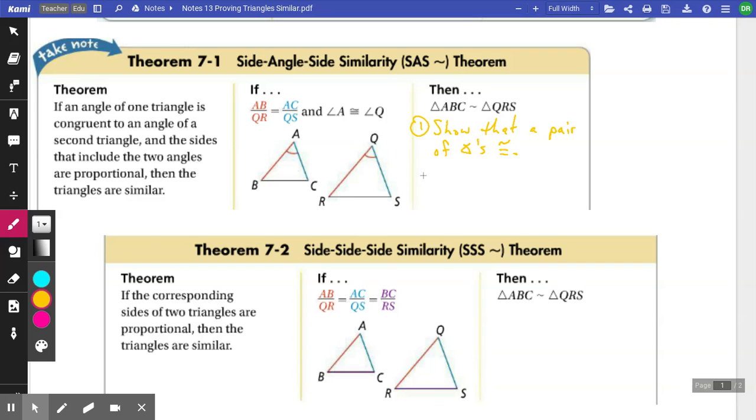And so step 2 is going to be what we did up above, show that these sides are proportional. So show that the 2 pairs of connecting sides are proportional. Okay?